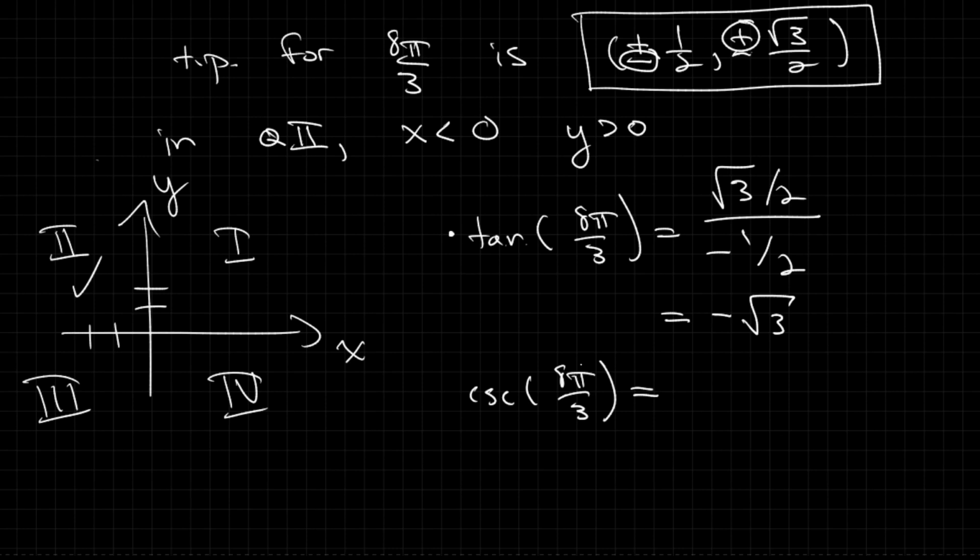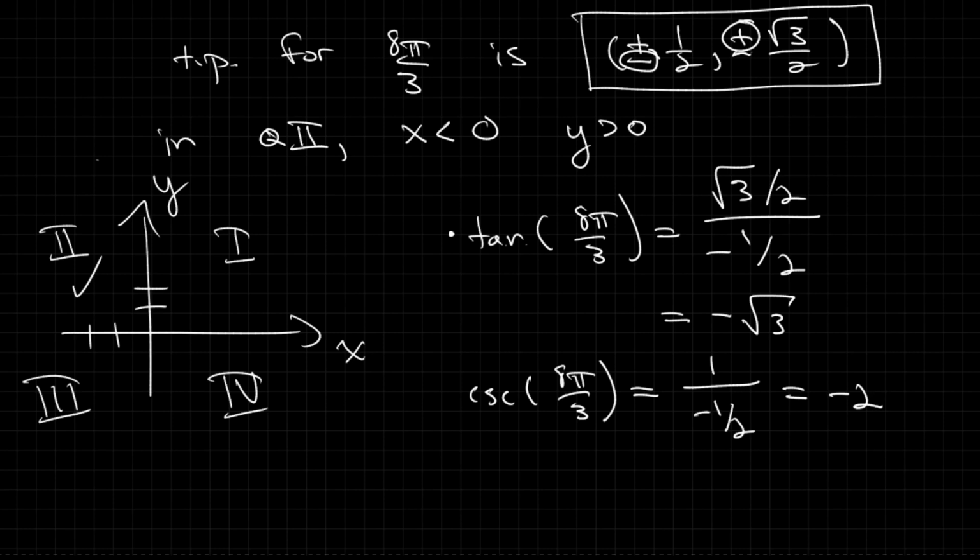Now remember my tip, the cosecant function is paired with one of the original functions, and since it has a co, we're going to remember that it gets paired with the original function without a co. So this is similar to the sine function, and the sine function is the y-coordinate. So this is going to be 1 divided by the y-coordinate, 1 divided by negative 1/2, which is negative 2.